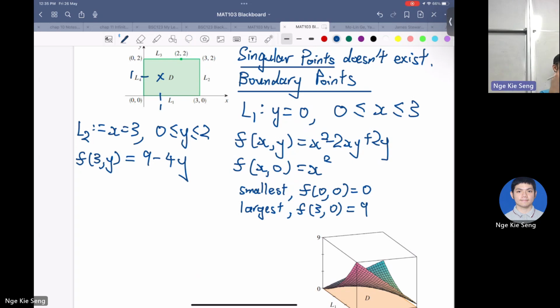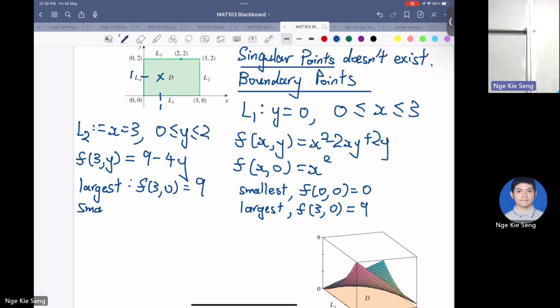Decreasing from 0 to 2. So where do you attain the largest value here? At 0. So at f(3, 0), you have the largest number, which is 9.